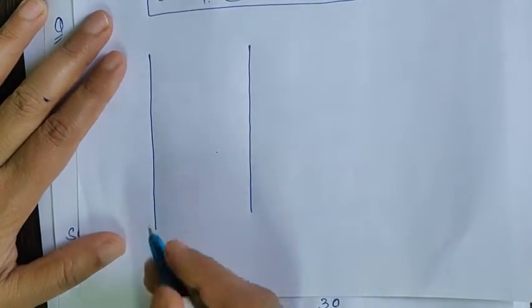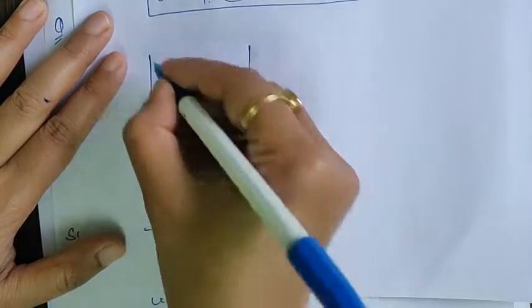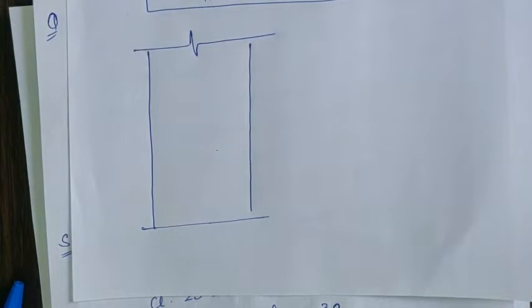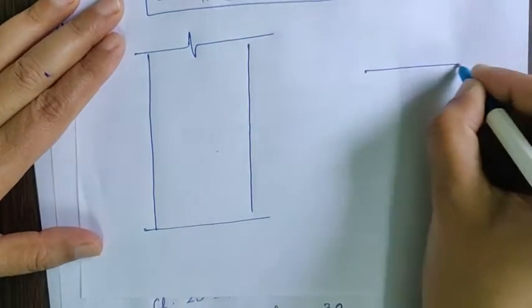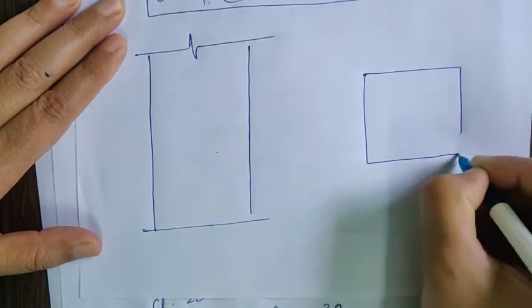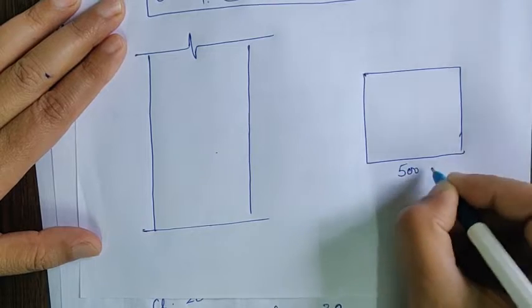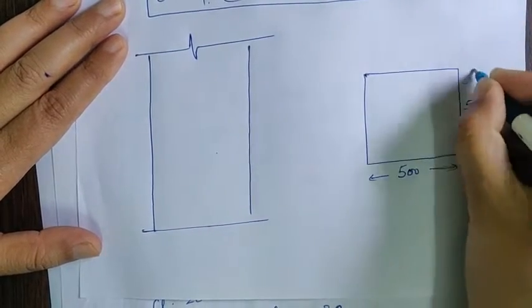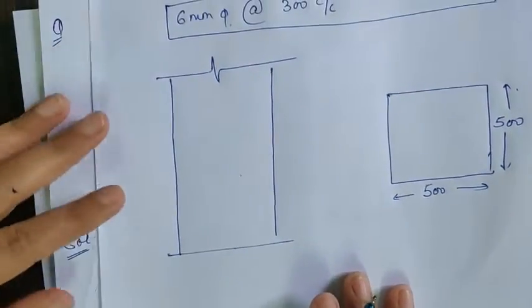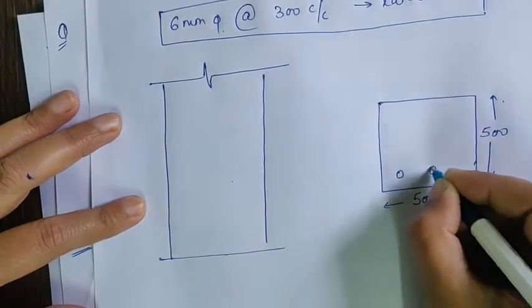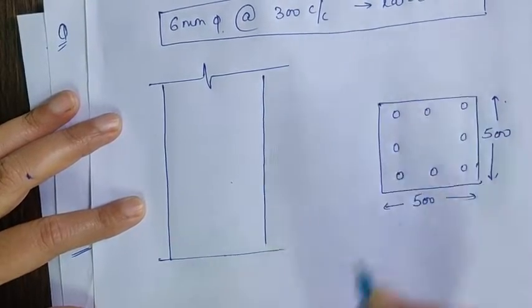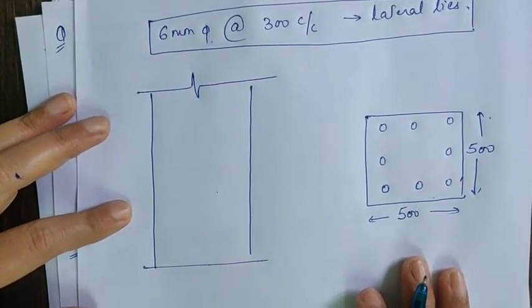this is the column, this is the length of the column, and along this length we are providing a cross section. Cross section of the column is 500 by 500, and we are providing 8 longitudinal reinforcement at the periphery.